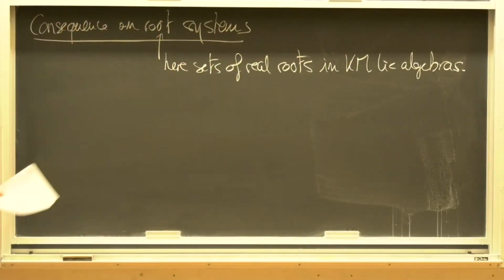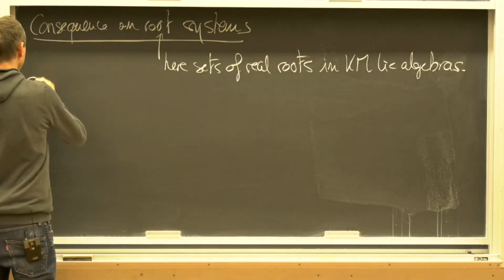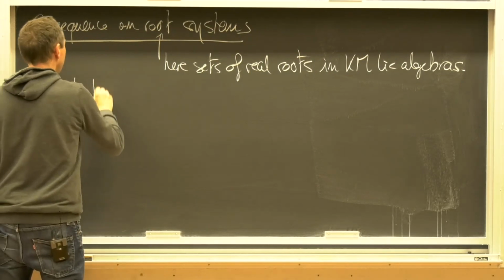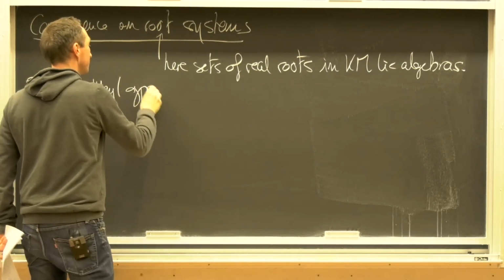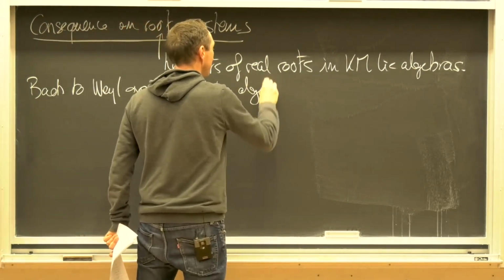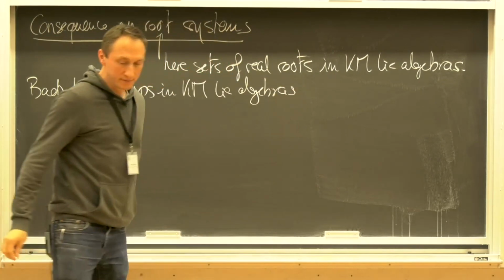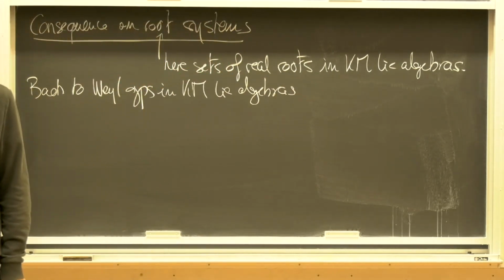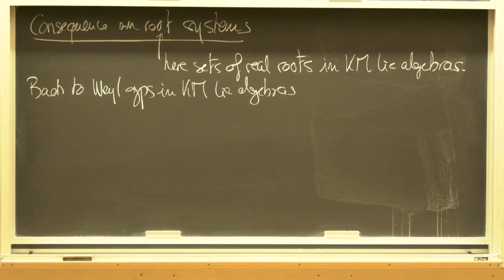So if we are back to Weyl groups in Kac-Moody algebras, we see that whenever an infinite dimensional Lie algebra is not affine, its Weyl group has exponential growth.